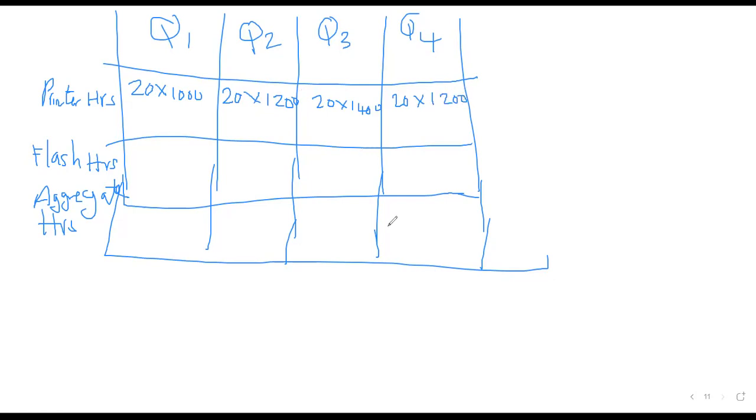Then getting down to the flash, we have 15 multiplied by 2,000. Then here again 15 multiplied by 2,400. The other one is 15 multiplied by 1,800. The other one will be 15 multiplied by 1,700.